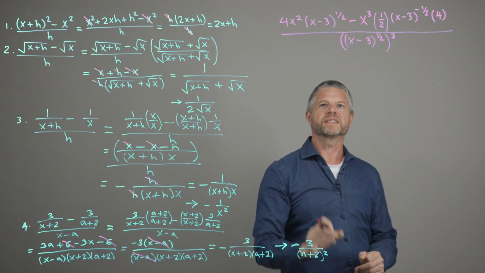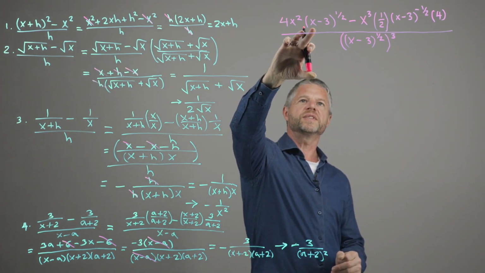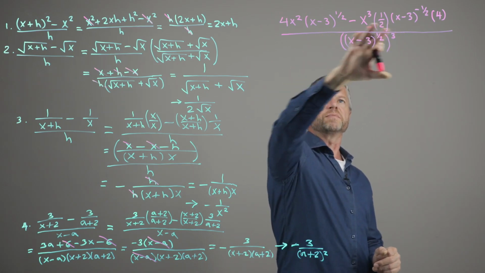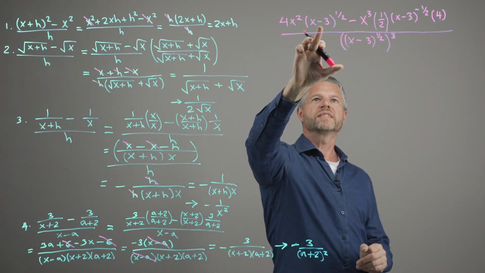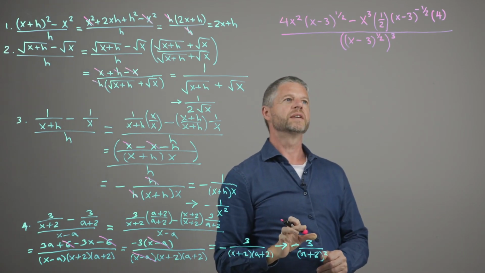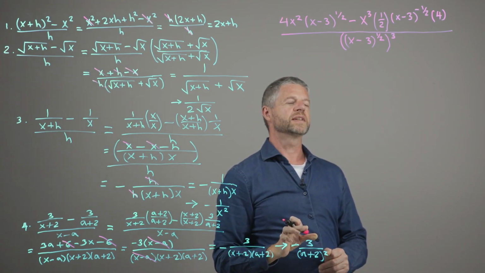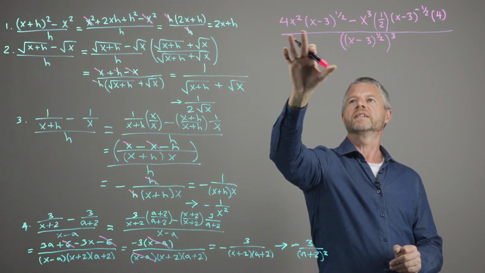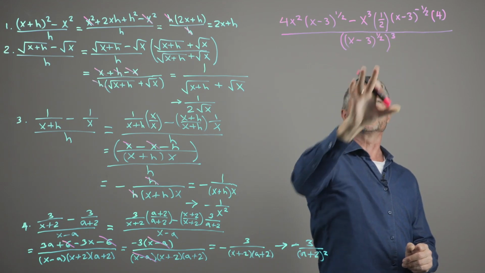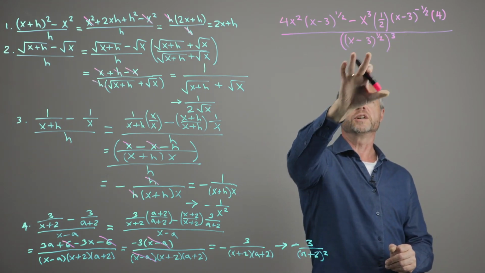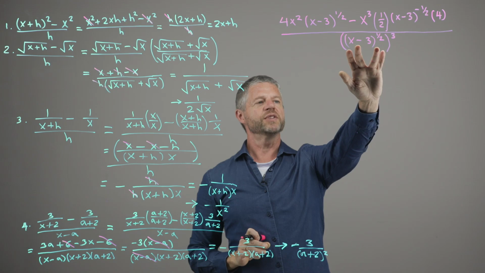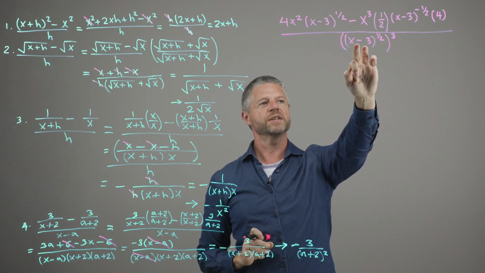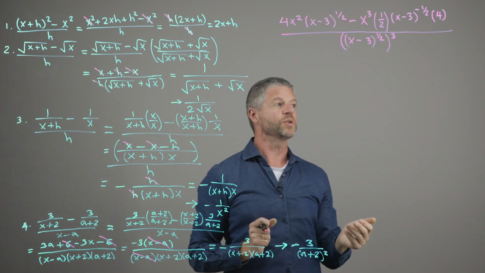So where to start? I notice that I've got x minus 3 in 3 different places in each piece. And I've got some x's, I've got some constants. In the denominator here, I know I've got an x minus 3 to the half and then cubed, so that's going to be x minus 3 to the 3 over 2.